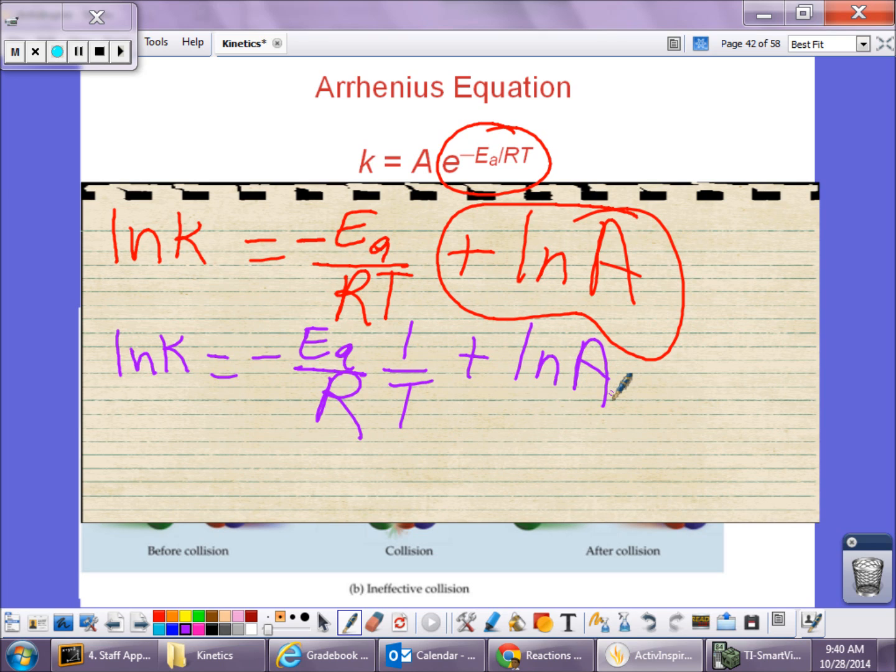Looking at this carefully, this is your Y, this is the slope of the line, and this is your X.